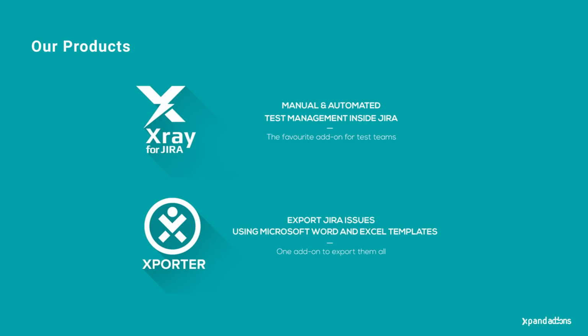About our products, we are not just about Xray. We have another add-on called Xporter. Xporter for Jira is an add-on that allows you to export all your Jira information into several templates. For example, if you need to give some information to a client or to management who don't have access to Jira, and they need the information that you have in some project or in some specific Jira issue, you can use Xporter to export it to an Excel template, a Word format or a PDF, and give it as documentation to your client or management.